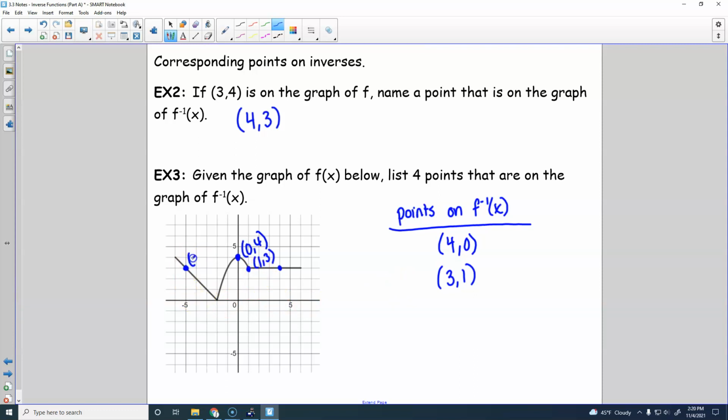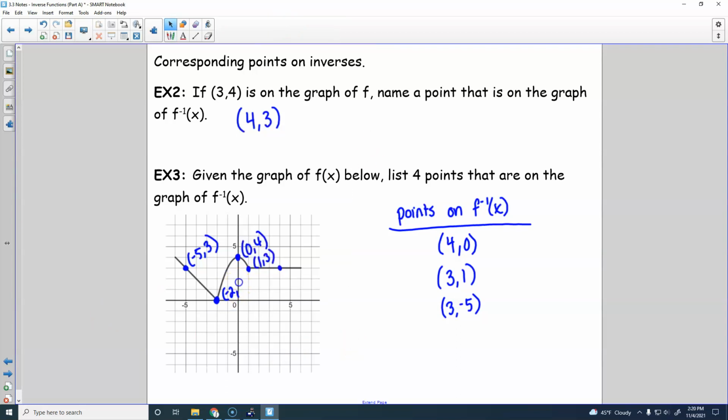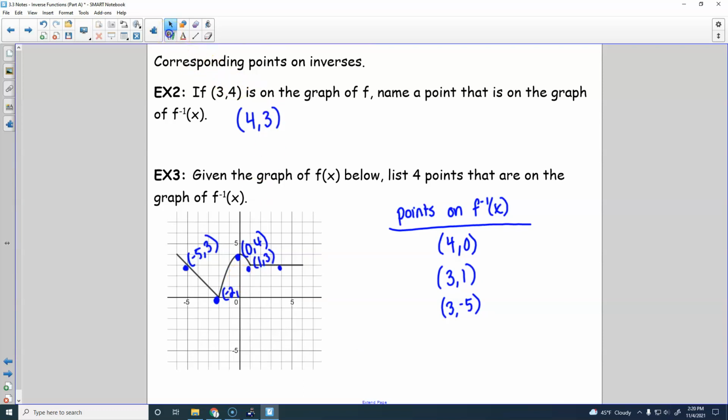So right here you got (-5, 3), which becomes (3, -5). (-2, 0). Over here. No, the 3 would be positive. It's the third quadrant, or they're both. On the inverse, yes.